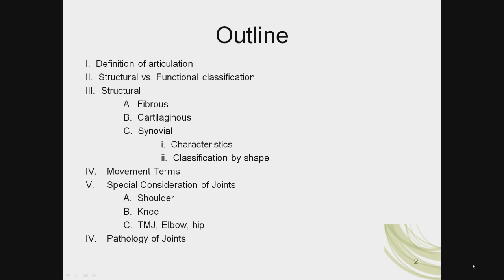We will begin by defining what an articulation is, and then I'll tell you about the different ways to classify joints through either structural or functional classifications, and oftentimes we combine the two. Structural classification involves the kind of material that the joint is made of.